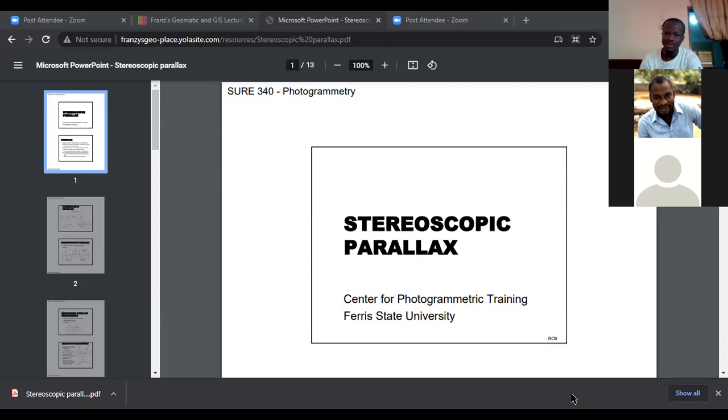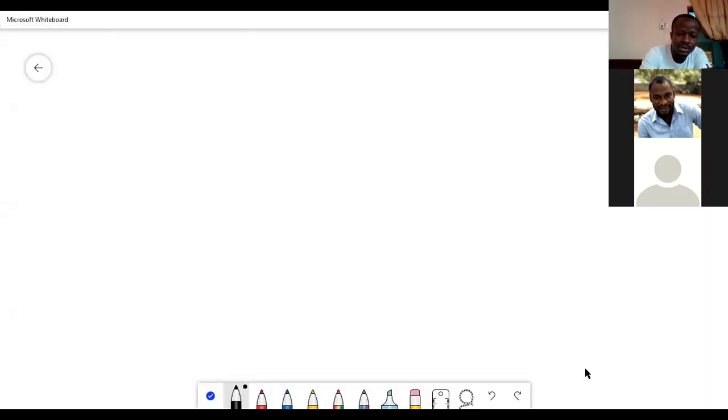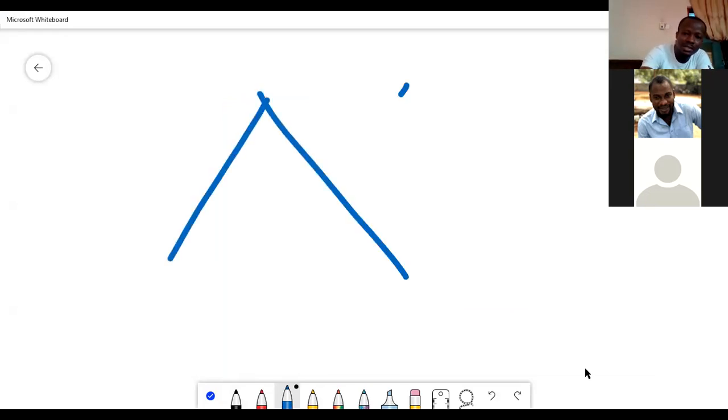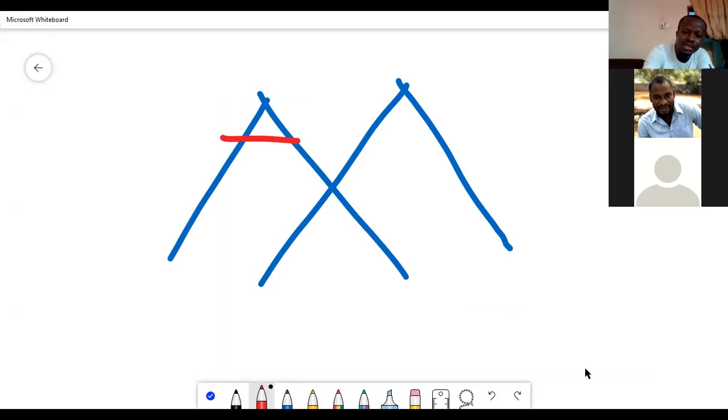I think we talked about it, but I like to repeat. And you know, if I like to repeat, then it means that it's important to me, isn't it? So you have the first exposure and the second exposure. Then there's an overlap. Are you okay? All right. So in your first exposure, you have an object, the same object. It has to be the same object.